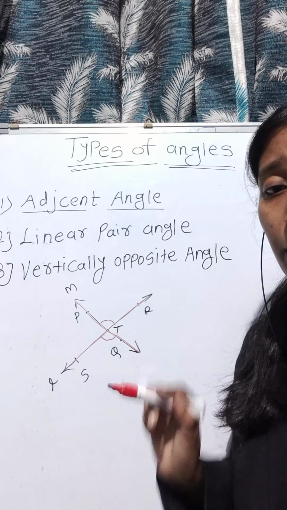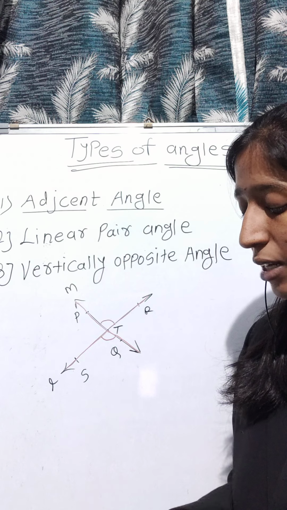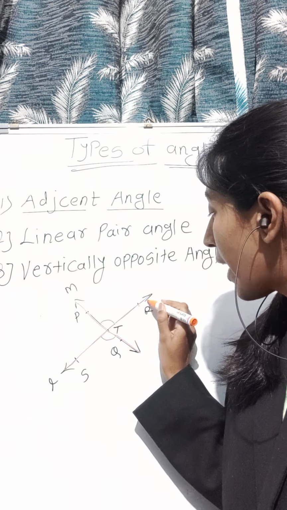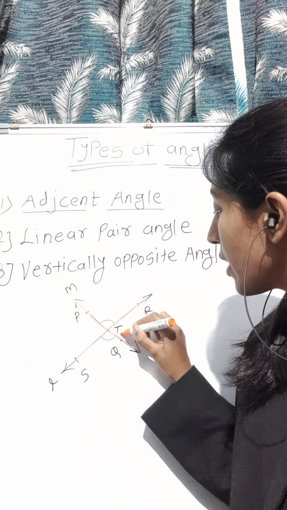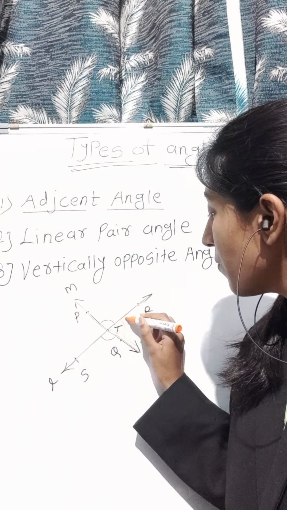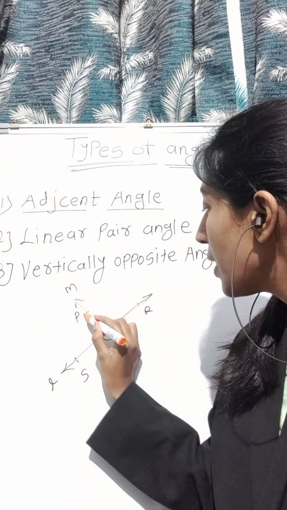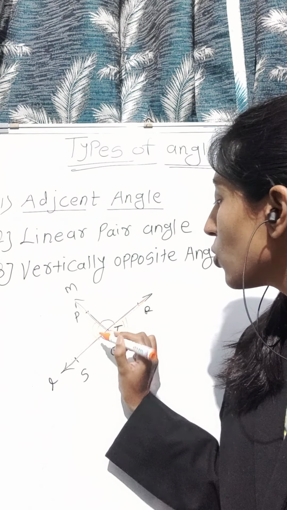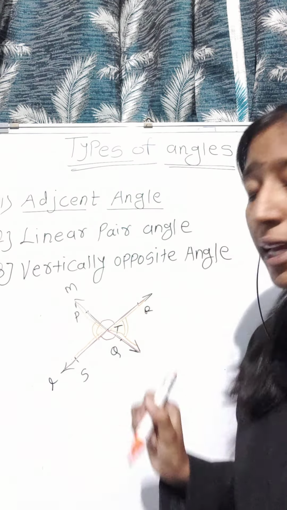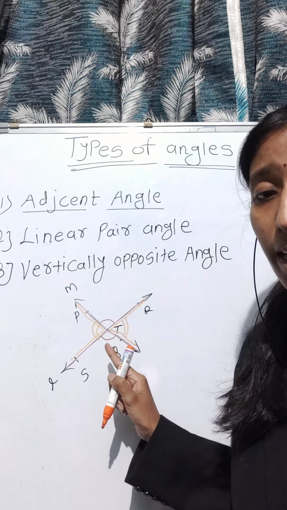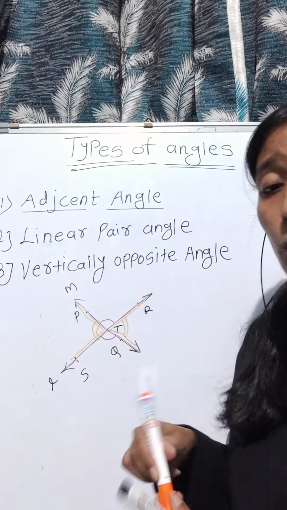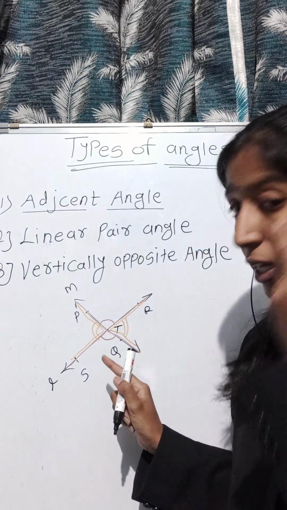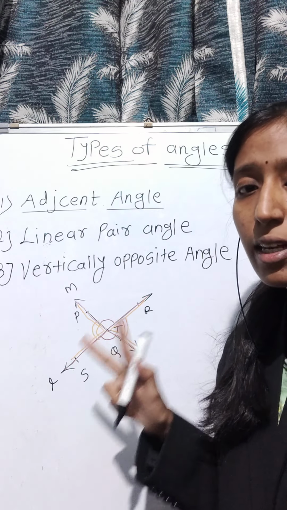Now there is one more pair of vertically opposite angles. This one, angle RTQ, and angle PTS. So whenever two lines are intersecting each other at one point, then we get two pairs of vertically opposite angles. How many pairs are we getting here? Here we are getting two pairs of vertically opposite angles.